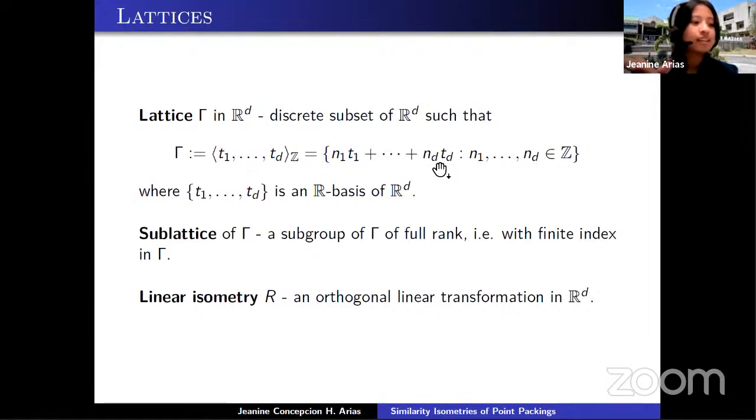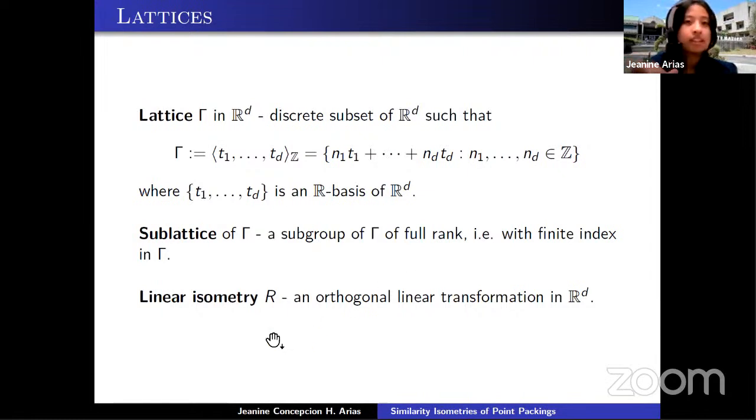Or we can also say that a lattice is a subgroup of the additive group R^d, which is isomorphic to Z^d and spans R^d. So a sublattice of gamma is a subgroup of gamma of full rank, meaning with finite index in gamma.